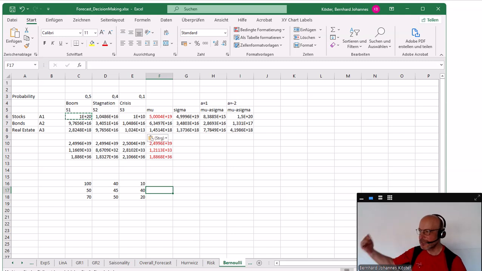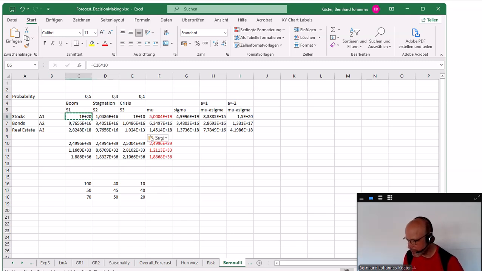If we take a risk-loving utility function, as I've done here, now to the power of 10, the reason is the discrepancy between these two numbers.